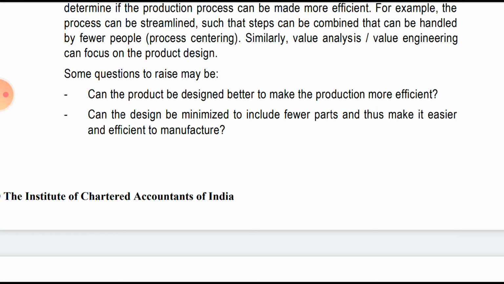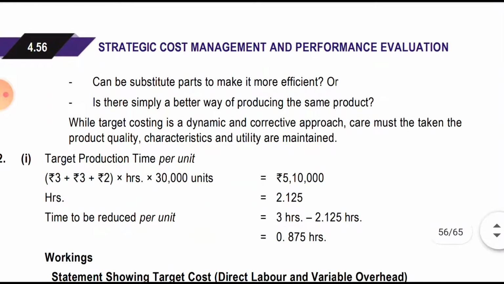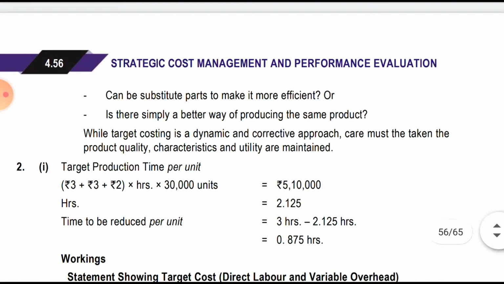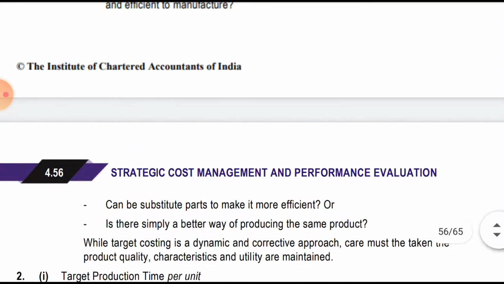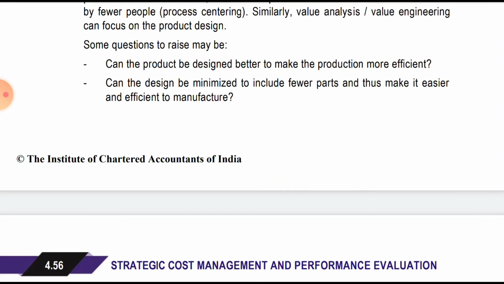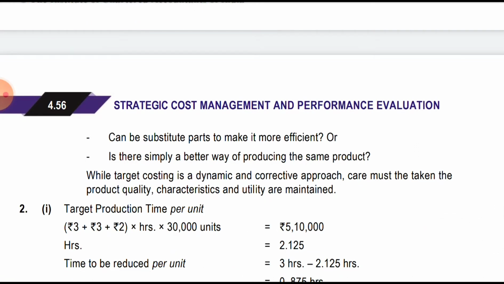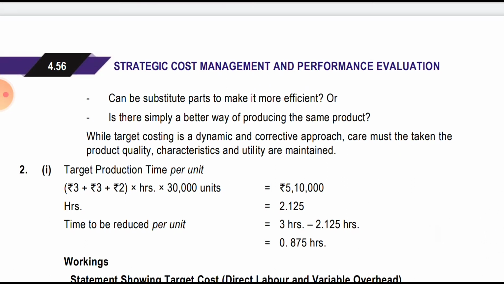Then the third point is, can a substitute part be used to make it more efficient? Then is there a simpler or a better way of producing the same product?